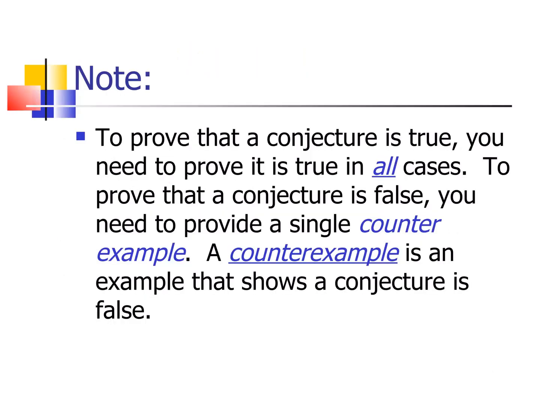Okay, so to prove that a conjecture is true, you need to prove it is true in all cases. To prove that a conjecture is false, you need to provide a single counterexample. A counterexample is an example that shows that the conjecture is false.